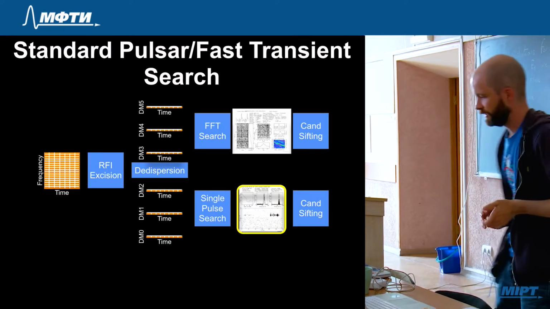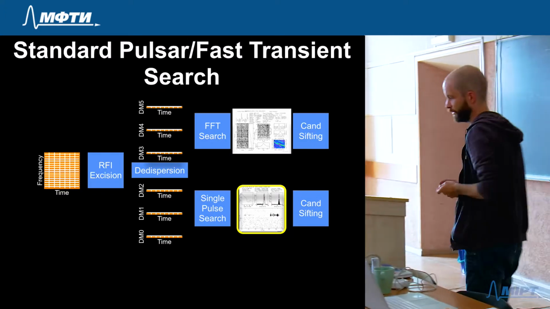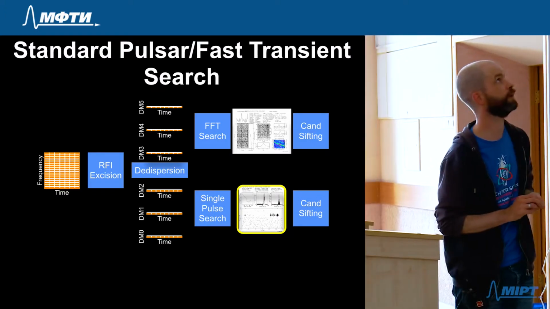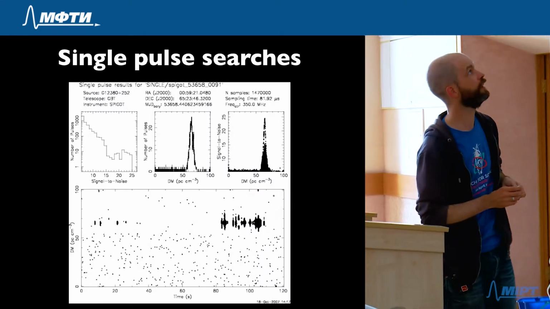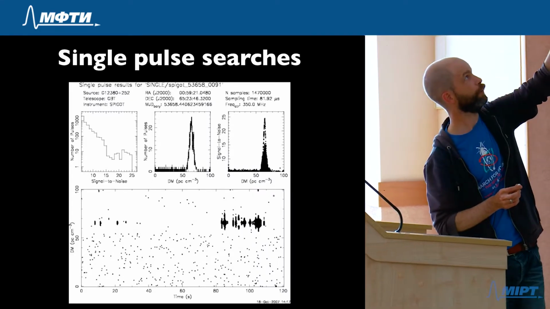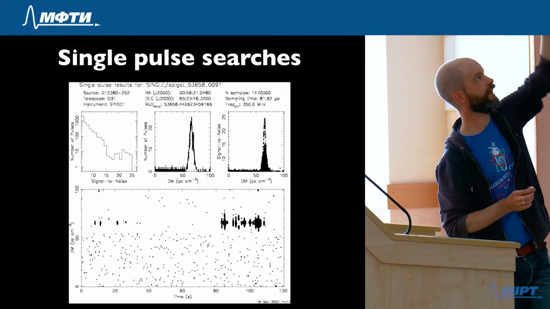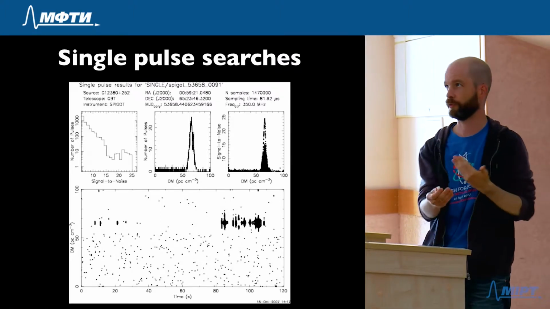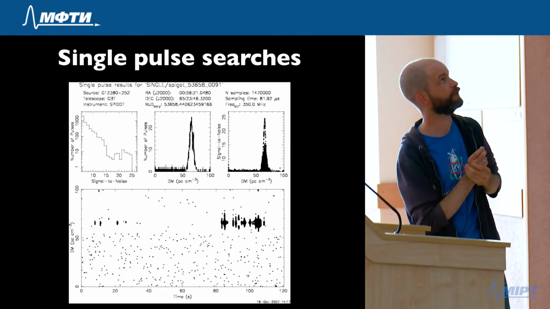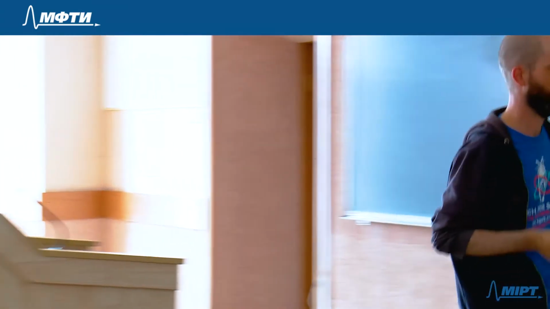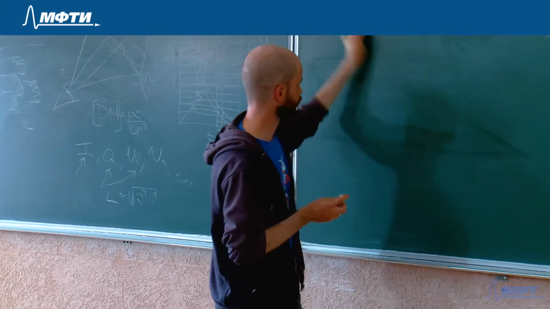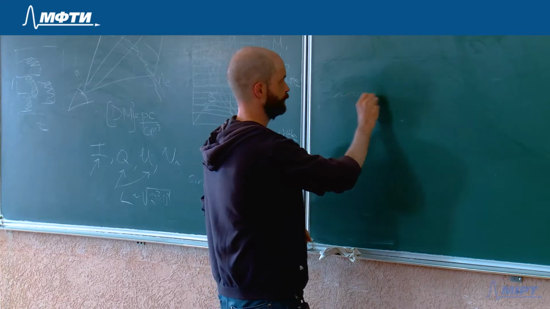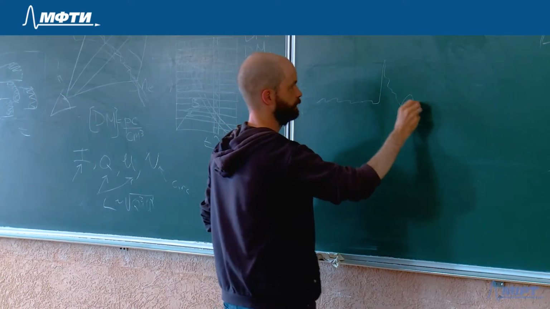But then the last thing that I'll emphasize is we also do these searches for these individual single pulses. One way of visualizing this is that we make various guesses for the dispersion measure, so how much dispersive delay there is, because we don't know that a priori. Then we collapse all the frequency channels together and get some pulse.